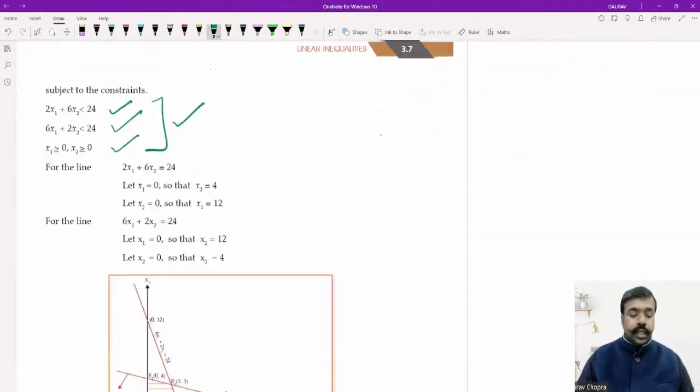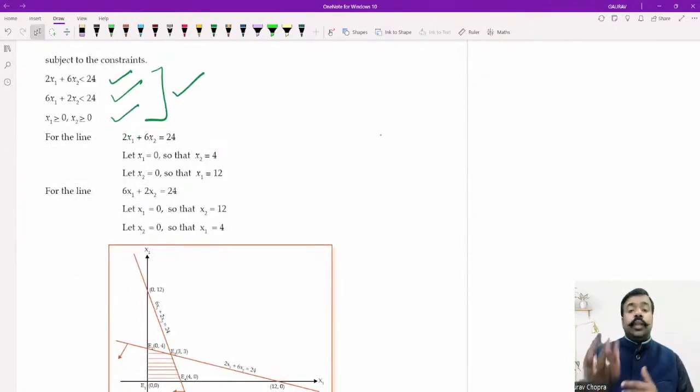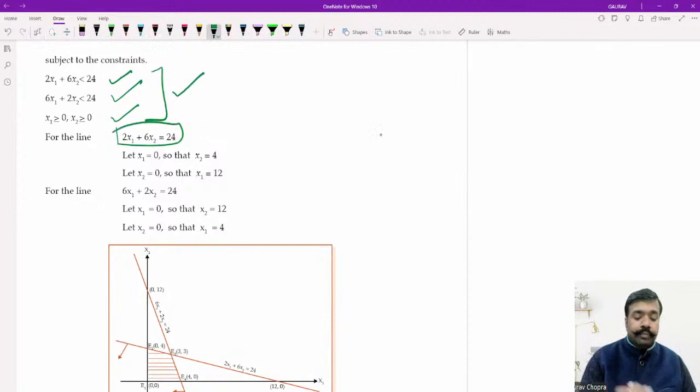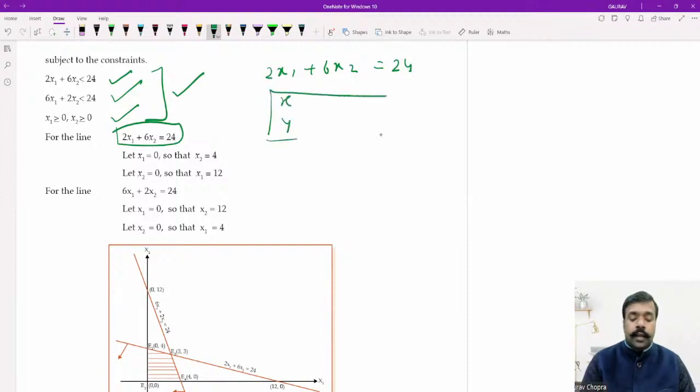But if we want to discuss some more things, we can prepare a table from here, like 2x1 plus 6x2 equal to 24. We have converted them into equality, and after that we can derive all the values.